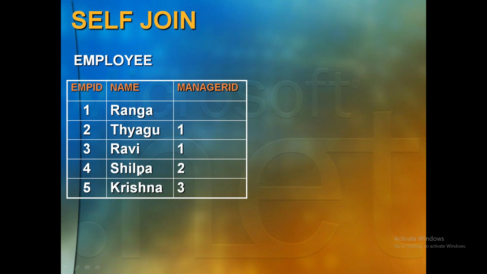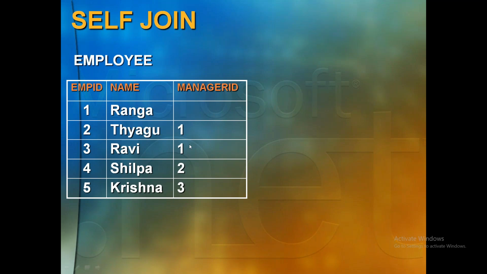The fourth guy is reporting to the second guy. Clear? So this is the primary key and this is the foreign key. The foreign key is linking to the same table, right?